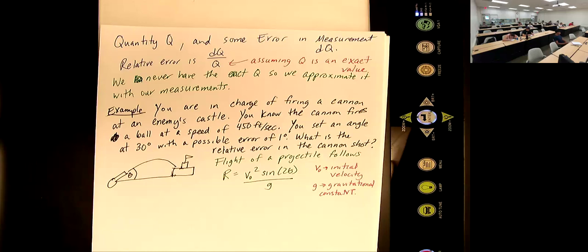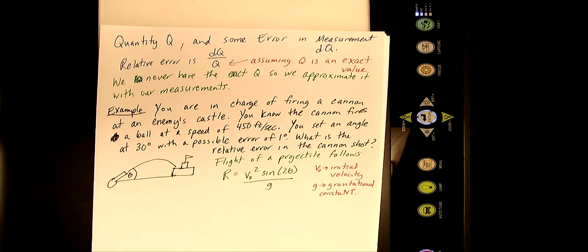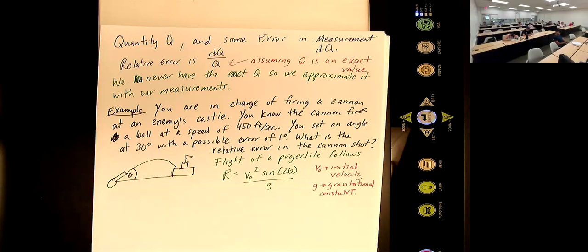And if you don't know the gravitational constant on Earth. What's the gravitational constant for Earth? Is it 9.8 meters per second squared? That's one version of it.